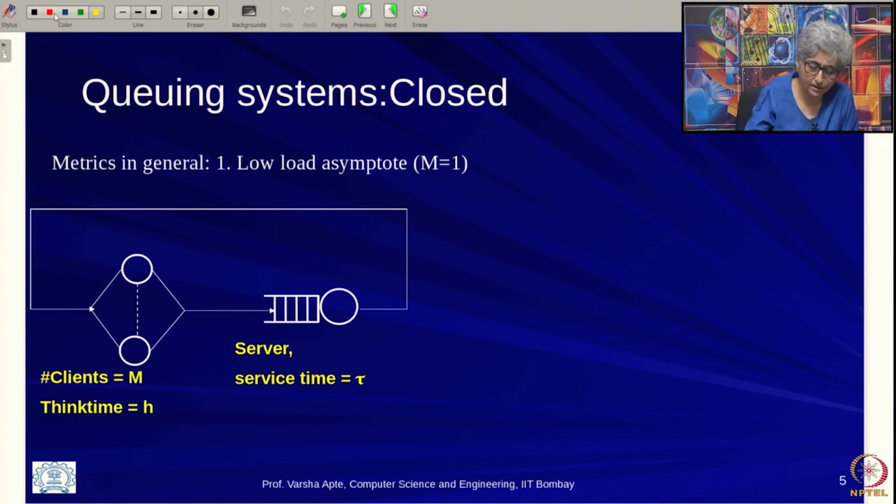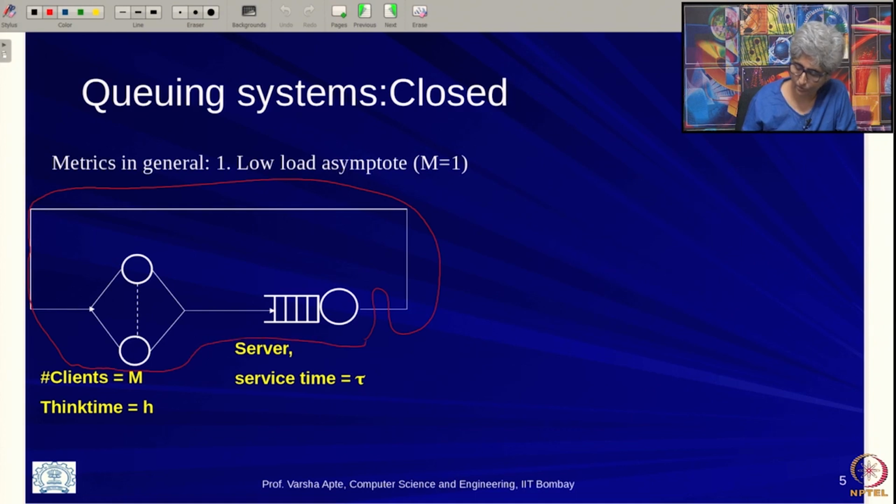Remember that the main trick that was used to reason about this system was to draw a little black box region of a kind of a weird shape, where you enclose the whole thing, but you draw it like this so that you have some definition of a throughput, that a request is leaving from here and re-entering here.